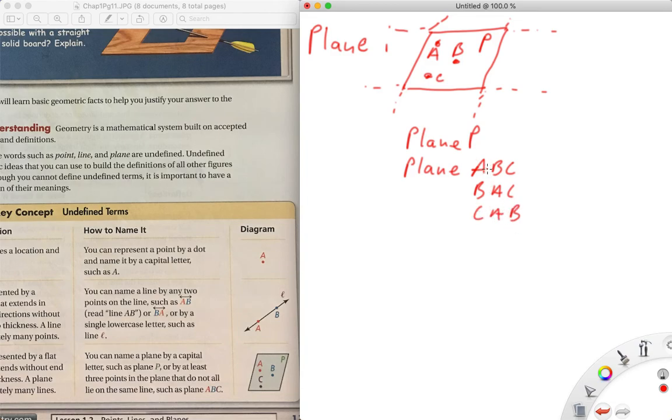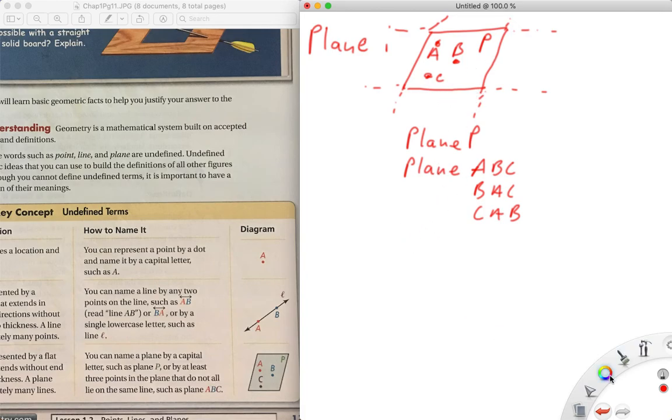The rule is that it has to be comprised of 3 points, and those 3 points cannot be on the same line. I repeat, those 3 points cannot be on the same line.